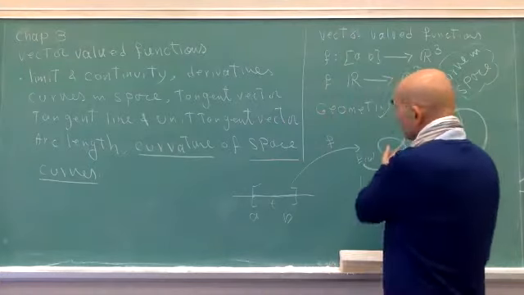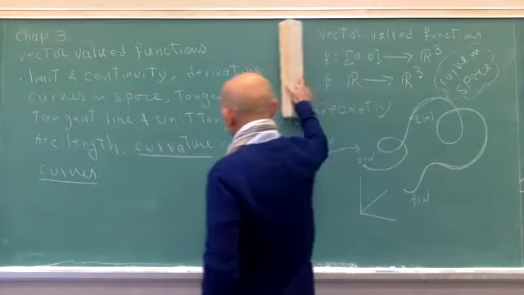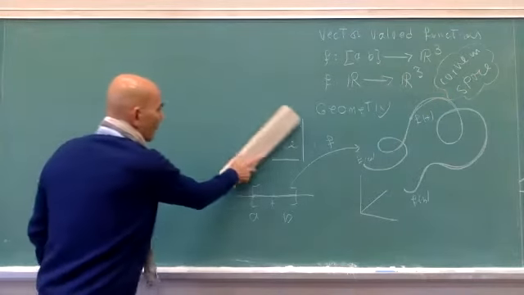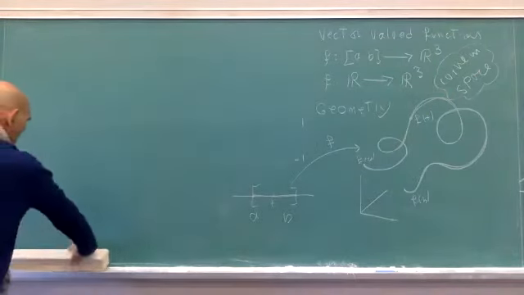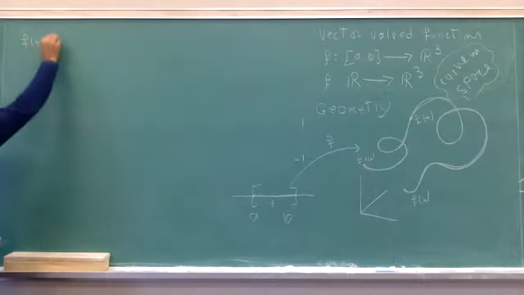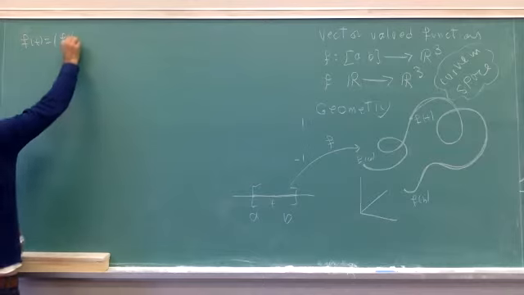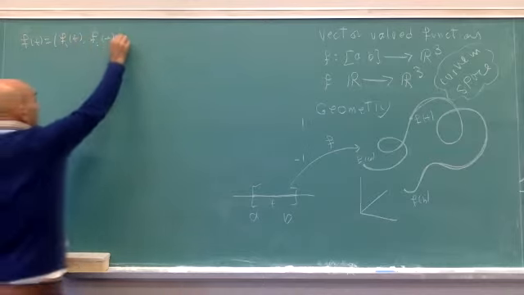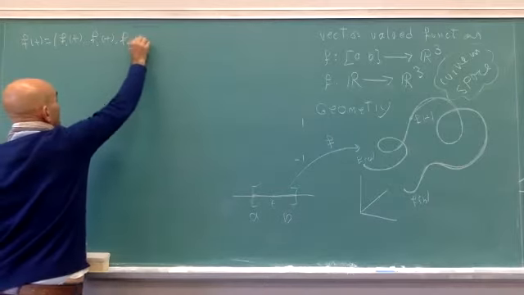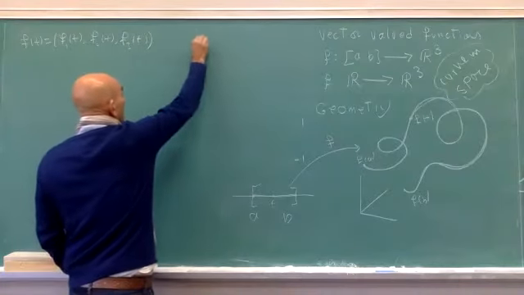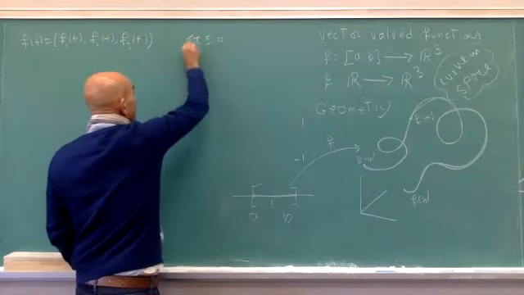So what is the notation for such a curve? The notation is something like this. It's a vector notation. So we just say f of t equals (f1 of t, f2 of t, f3 of t), for t between a and b.